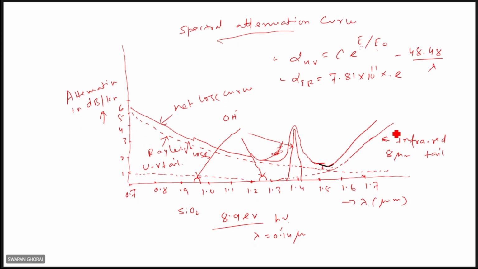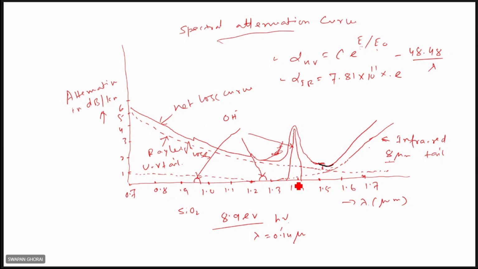It starts at around 1.3 microns and gradually increases, but on the short wavelength side it is zero. The infrared tail is because of molecular vibrations, and its peak occurs at 8 microns, while the ultraviolet tail peaks at 0.14 micron.